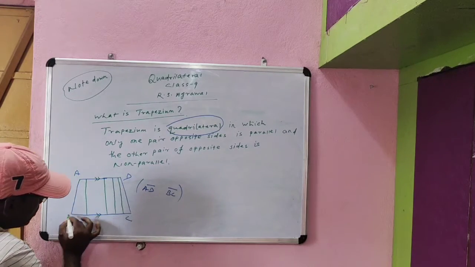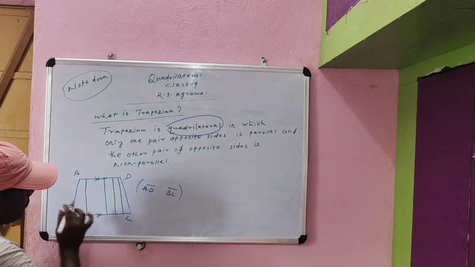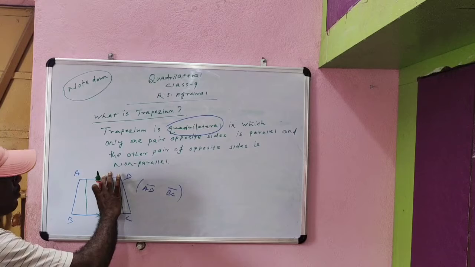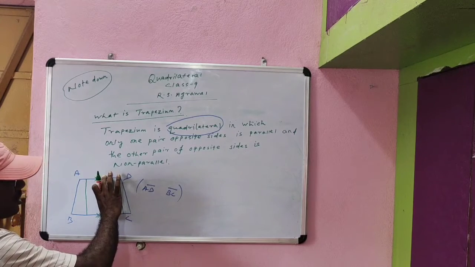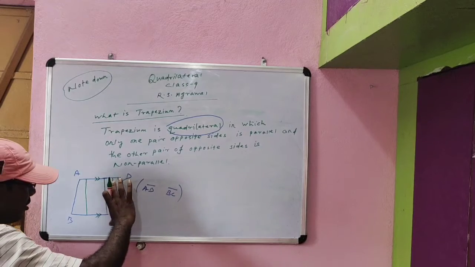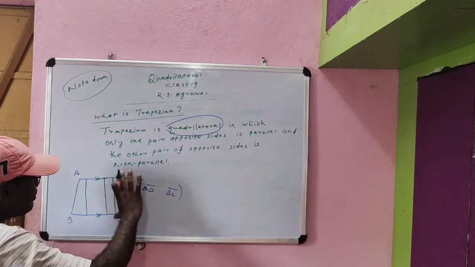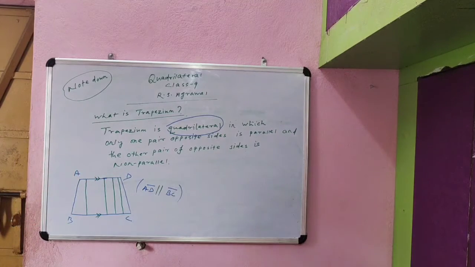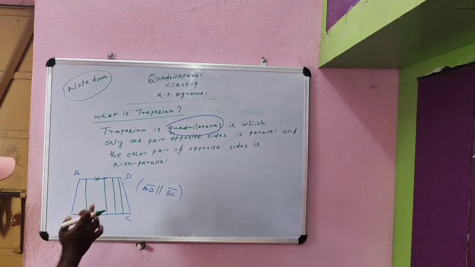Therefore, these two sides are called parallel, and these two sides are one pair of opposite sides. So since only this pair is parallel, it is called a trapezium.